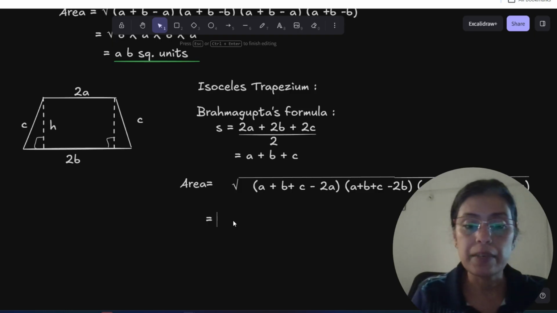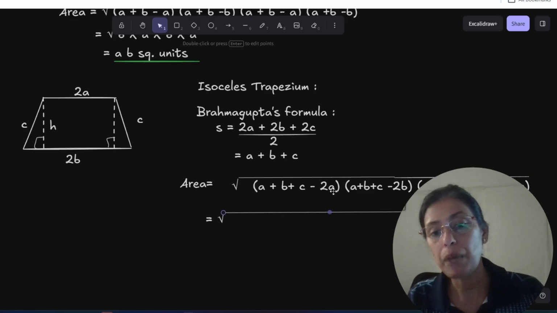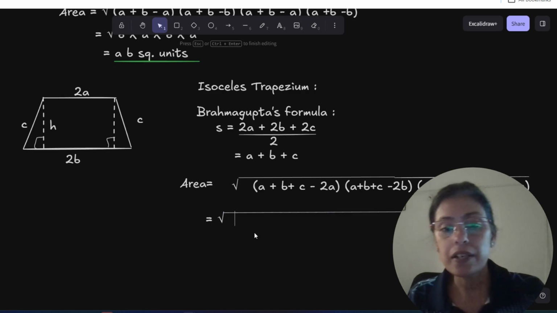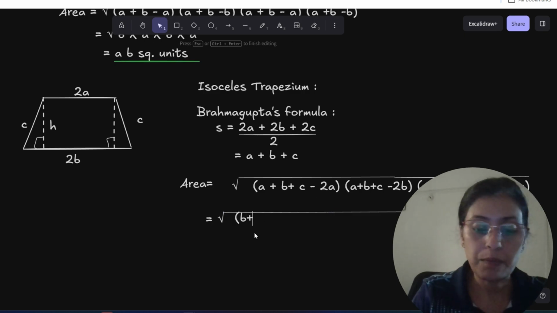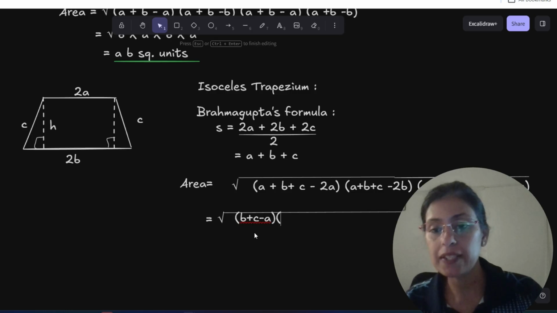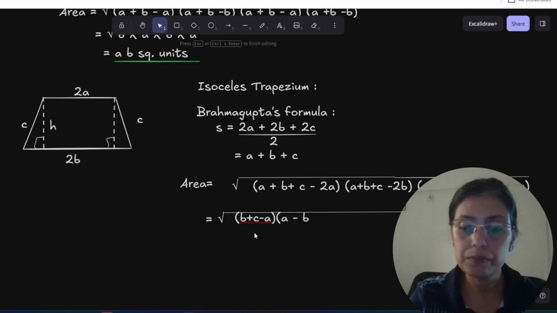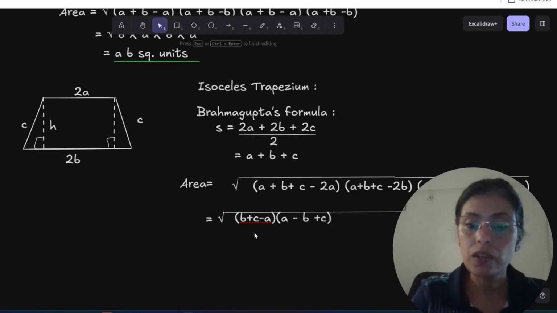Now let's simplify this. When we simplify it, it will come as A plus B plus C minus 2A. That will make it B plus C minus A. The next one is A plus B plus C minus 2B. So this makes it A minus B plus C. Right?